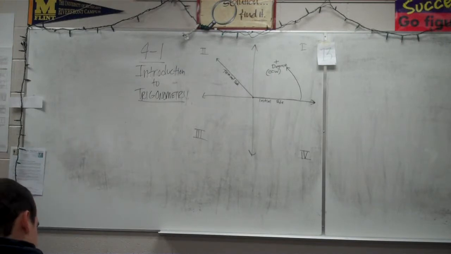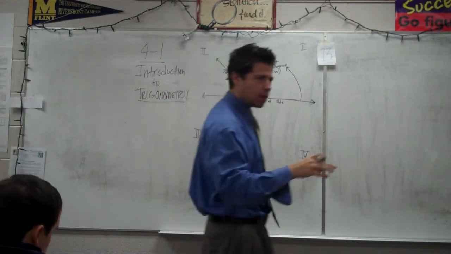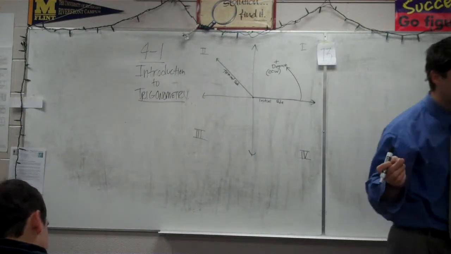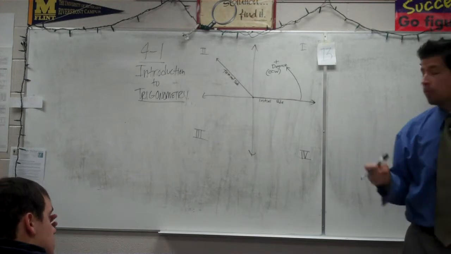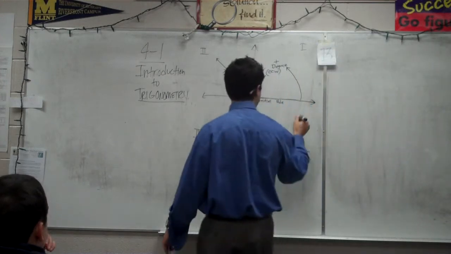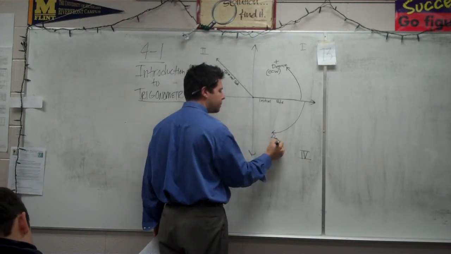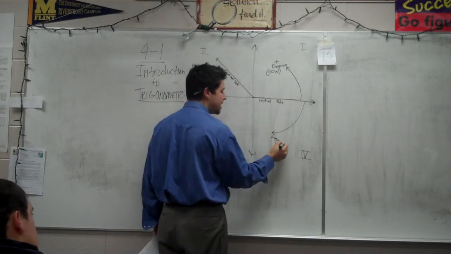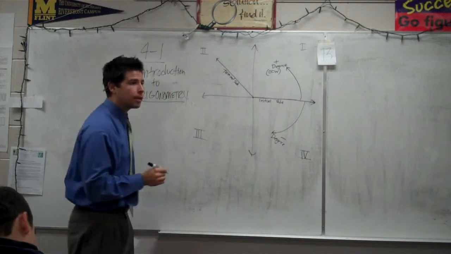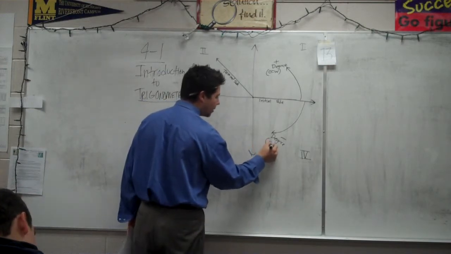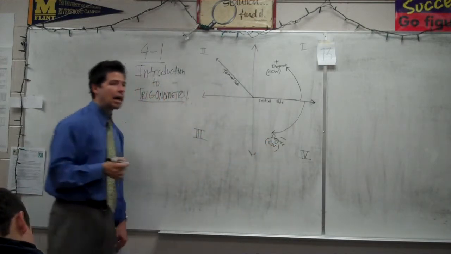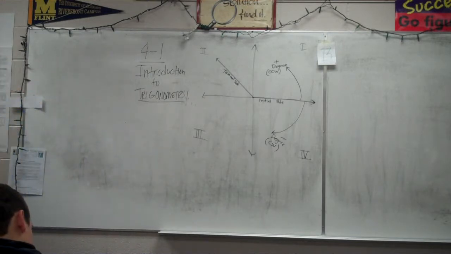We're not going to quite get into the sine, cosine, tangent business today, but we're going to start talking about radians and degrees and how to convert between the two. And obviously, if you go in this direction, you have a negative number because you are going clockwise around the circle.